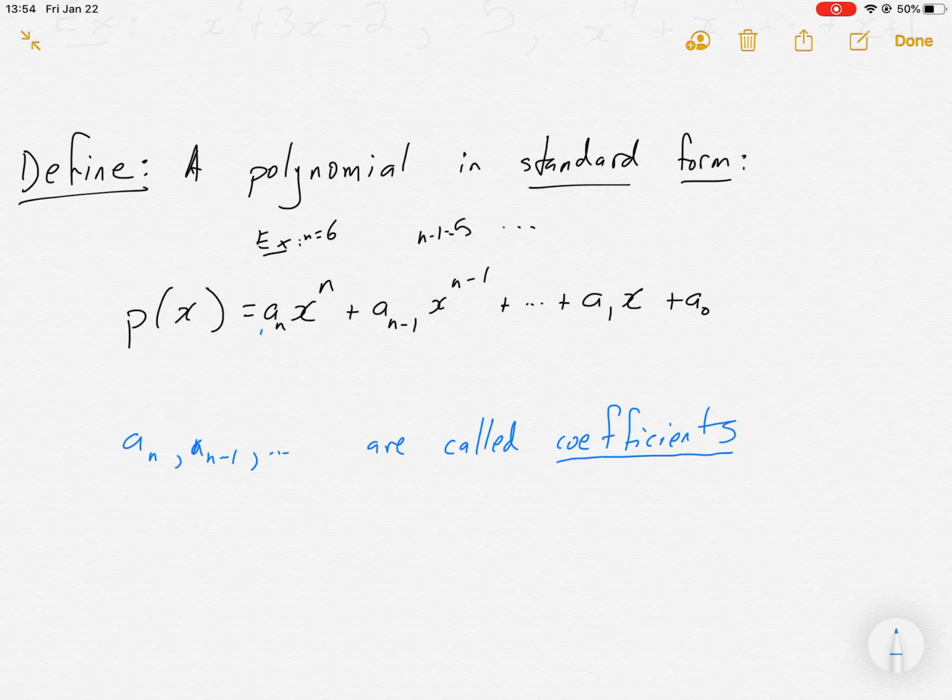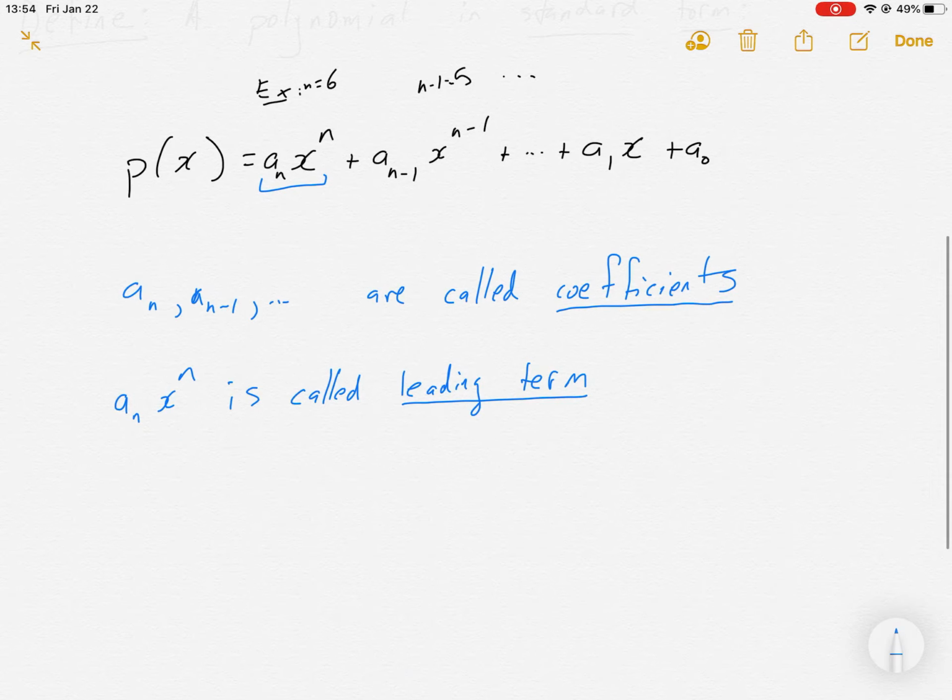The very first term, this one here, is called the leading term. It's going to come into play a little bit later on in this video. The very first coefficient, the coefficient with the largest power of x, is called the leading coefficient.